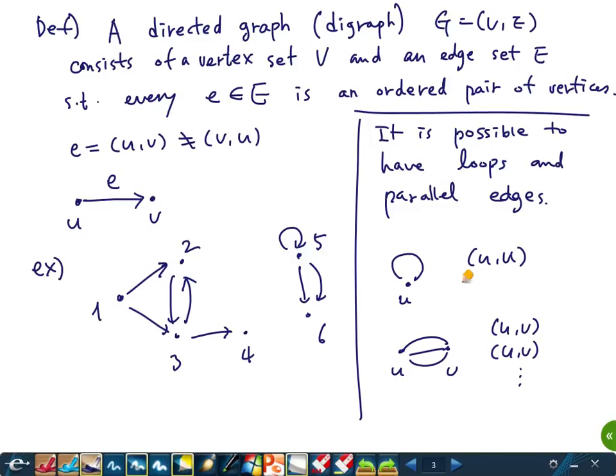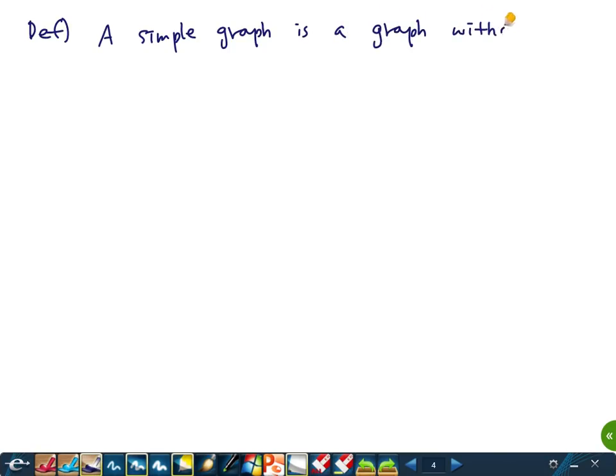Such a graph is called a simple graph. Definition: a simple graph is a graph without loops and parallel edges. Usually when I say graph, it means simple graph.